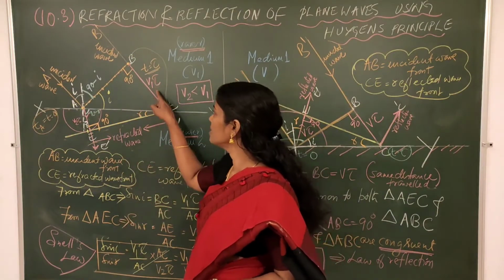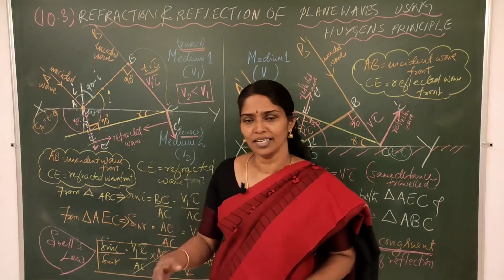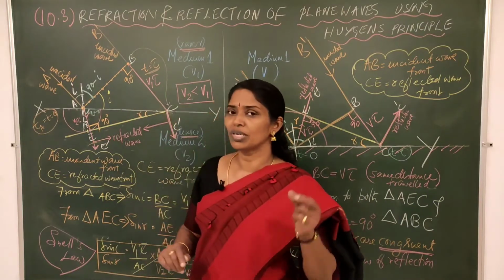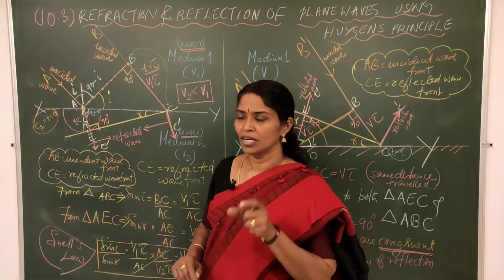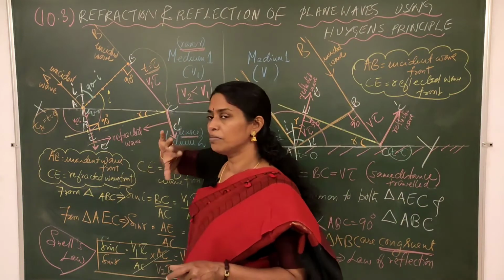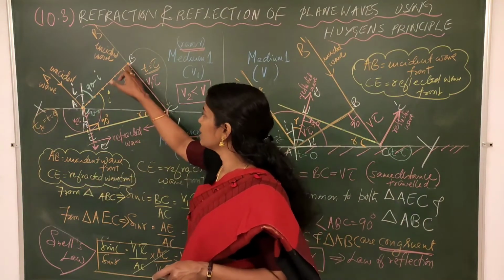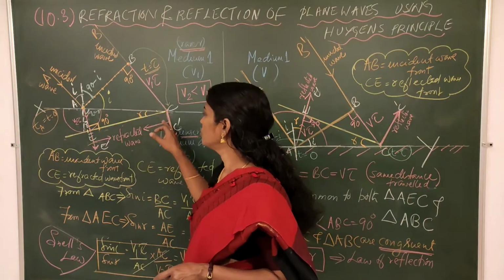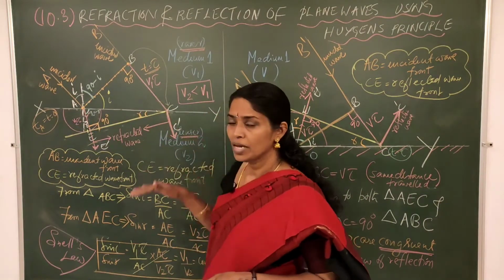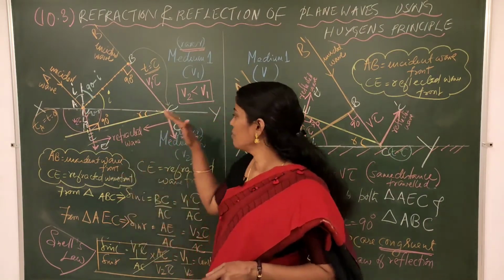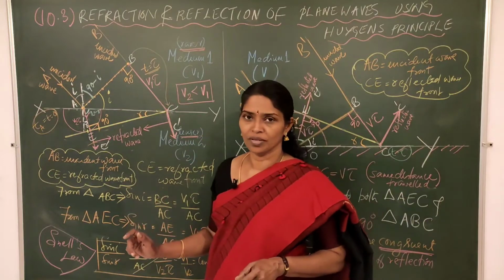So if v1 is the velocity, the distance is obviously v1 into tau, since distance is velocity into time. So v1 tau is the distance travelled by the source at the point B to reach the surface XY. It just reaches the surface XY after a time tau.